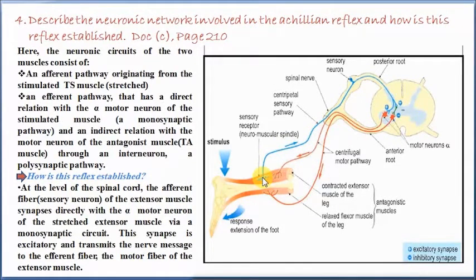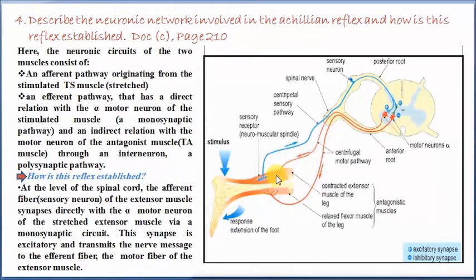So I'm going to go again. This is the neuromuscular spindle, the triceps surae. This is the sensory fiber going right up here in the posterior root to the spinal cord. Now here it is going to synapse with the alpha motor fiber of the extensor muscle.